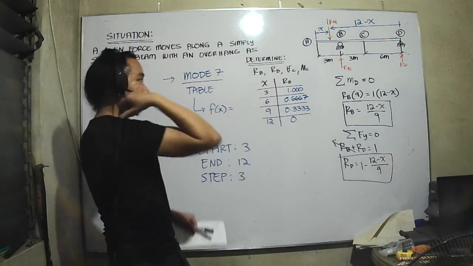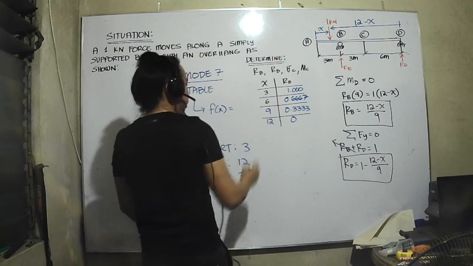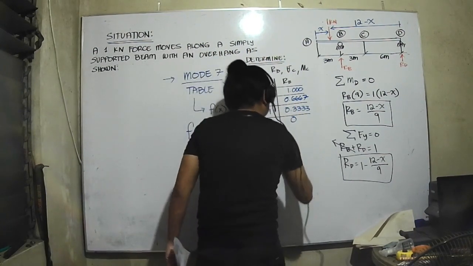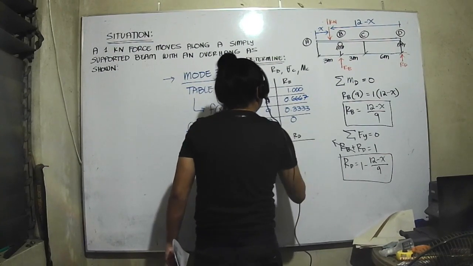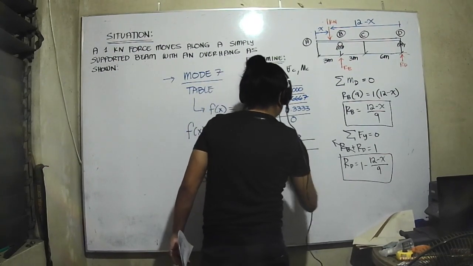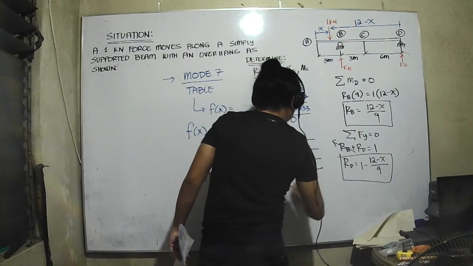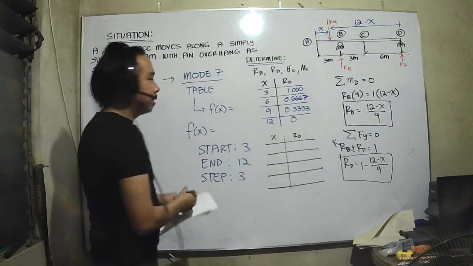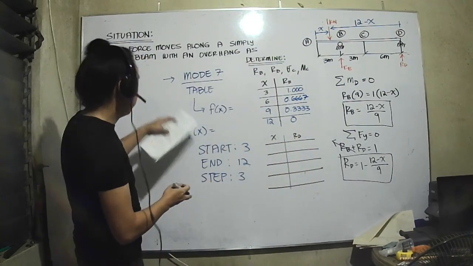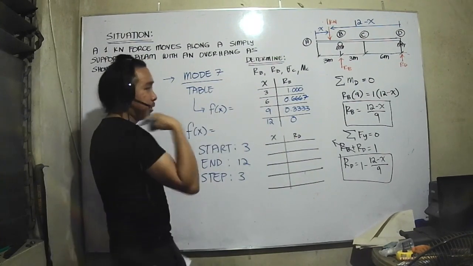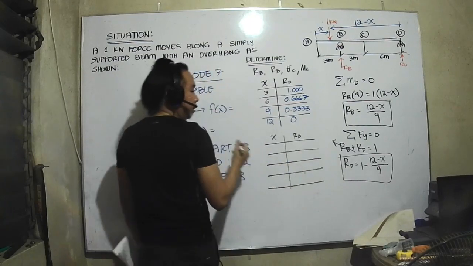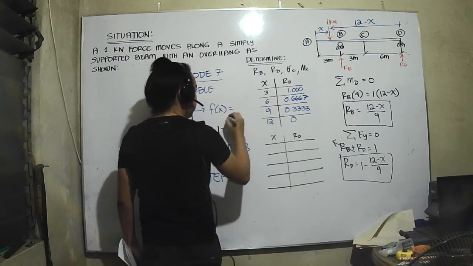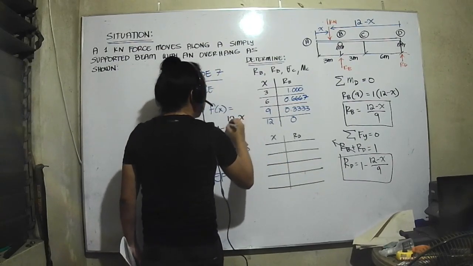Okay? So, now RD. You have x, RD. Same process, okay? Go to mode 7, go to table. You need to define what RD is. So, 1 minus 12 minus x over 9.